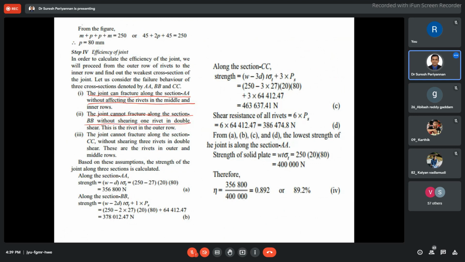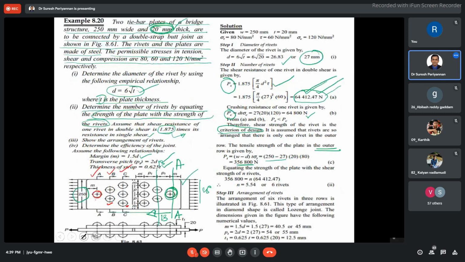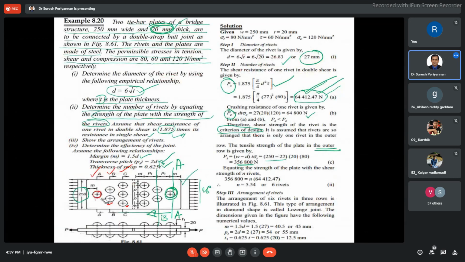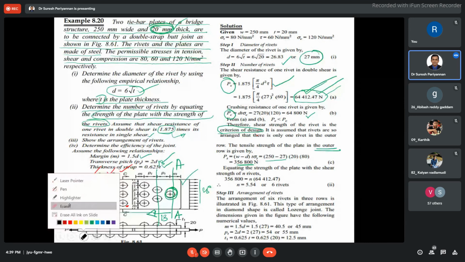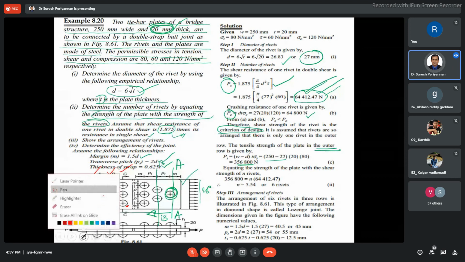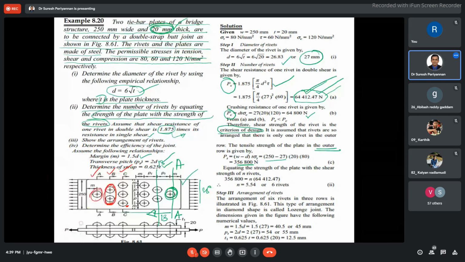Please understand clearly: this joint cannot fail without failure of the first one.